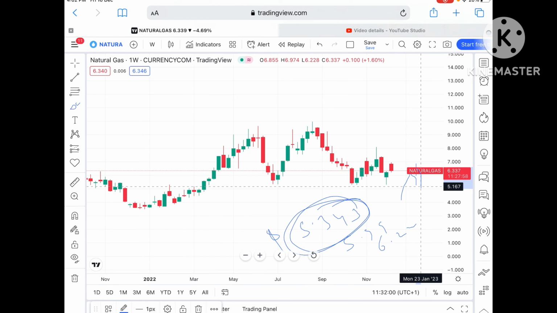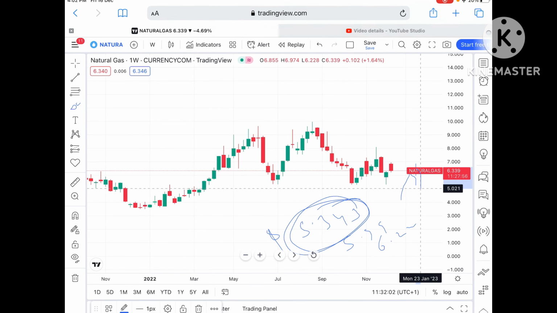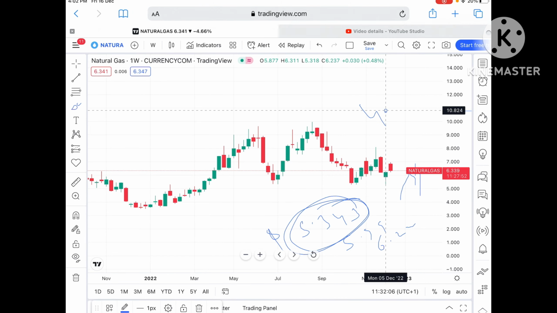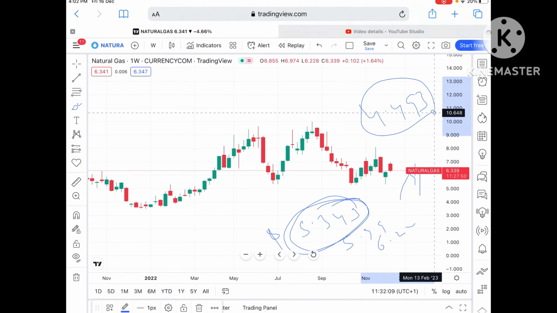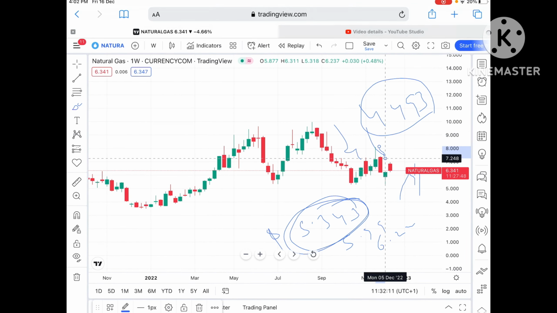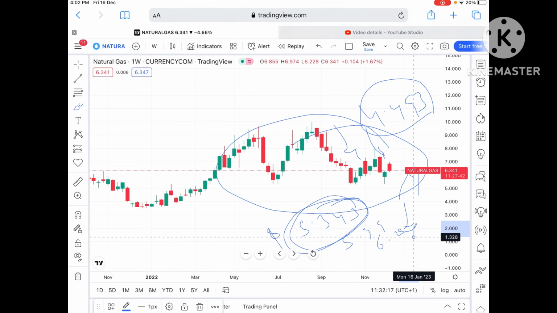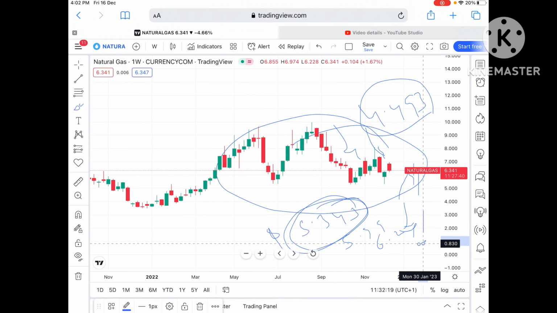Before that 5.1, and from there a level of 4.9, and if it falls below that level, chances of touching 4.493 are there, and then it can move further low if the price goes below a level of 4.4. So keep this in mind, once the zone breaks downside, a probability of moving further down is there.